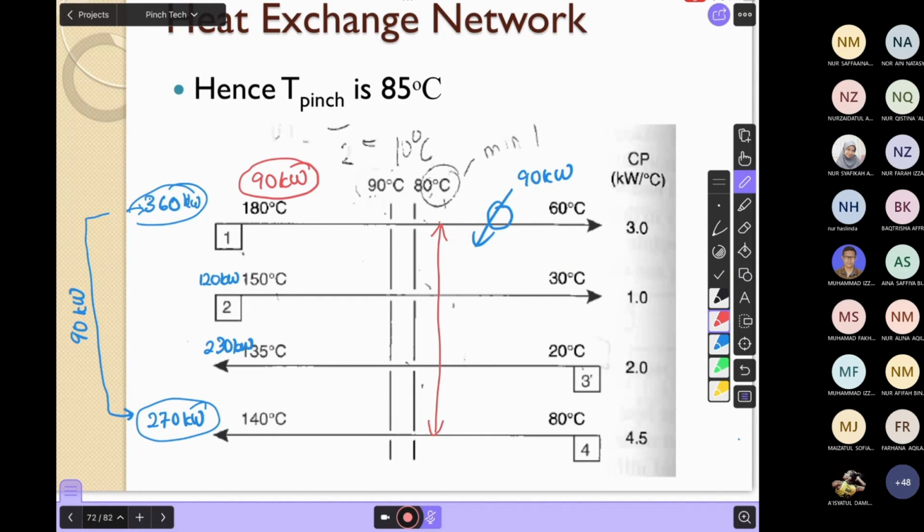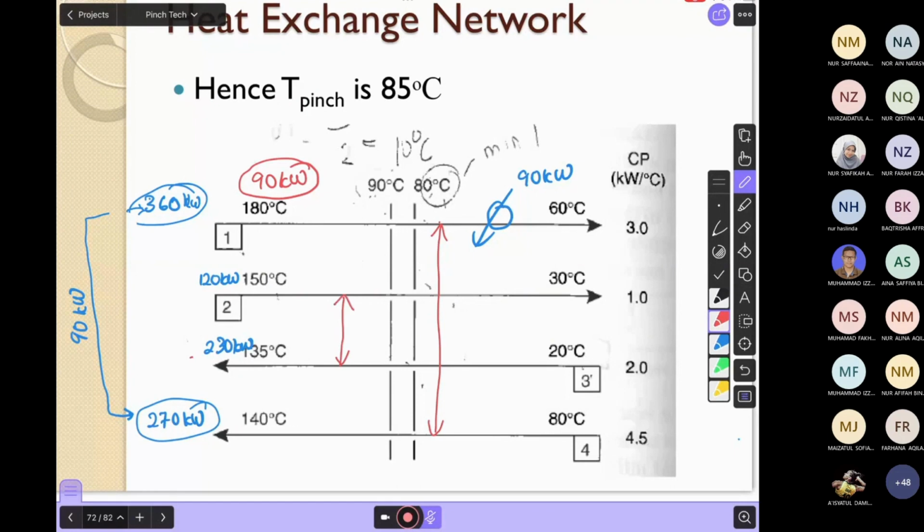Okay. Then, if you want to settle between stream number 2 and 3, it is enough already. Maksudnya, sini masih ada extra cooling. You need to install. Okay, you donate this one and this one.